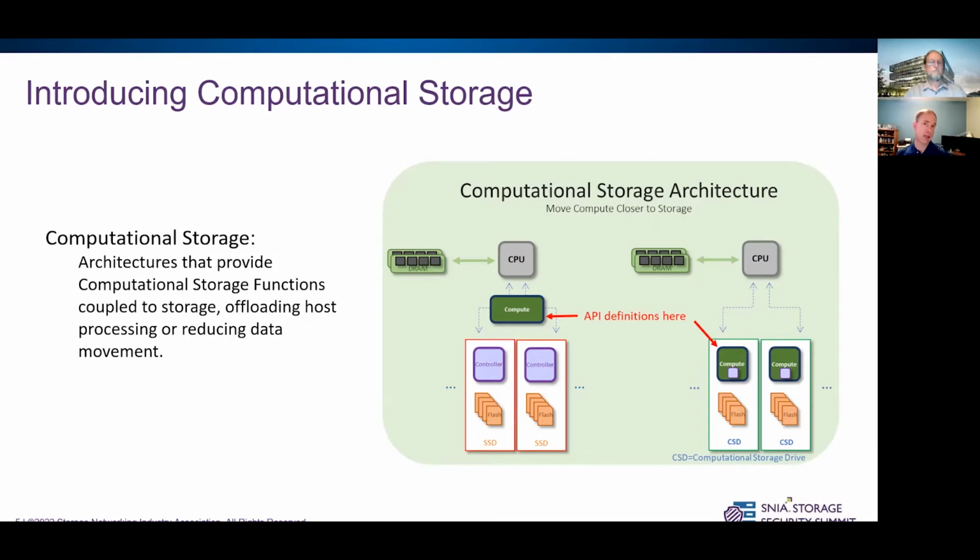The objective, of course, is to offload that host CPU and reduce that data movement. Looking at the diagram on the right-hand side, that compute is a little bit lower down in the drive itself. It's embedded into the storage device, but it's still functioning with a similar purpose: to offload that host CPU and reduce the amount of data being moved.